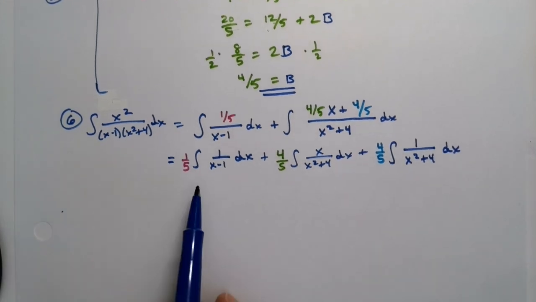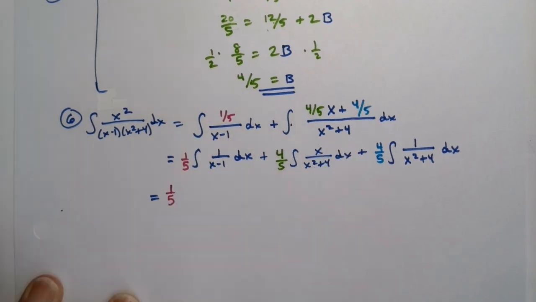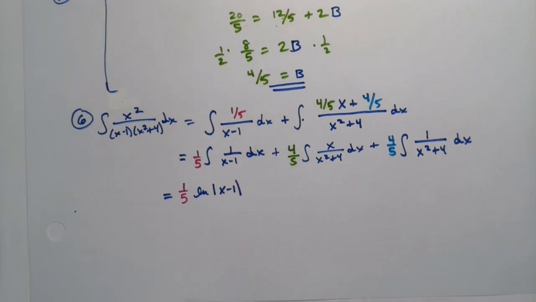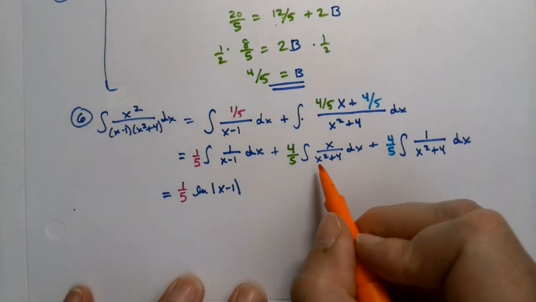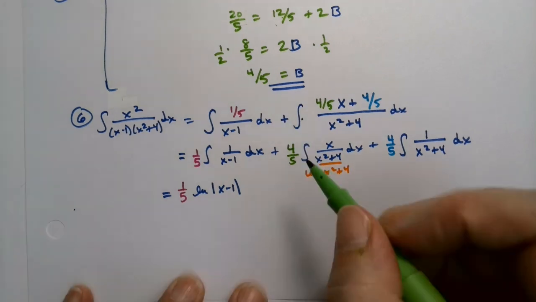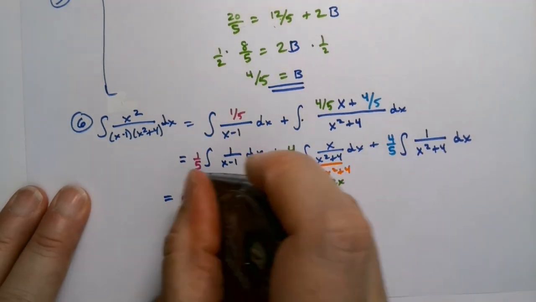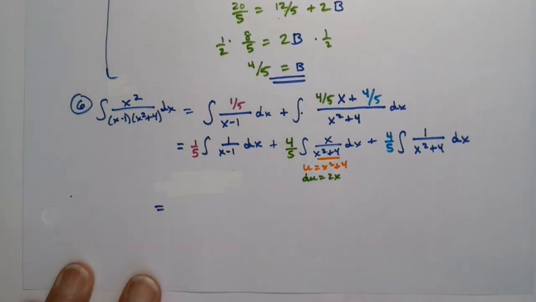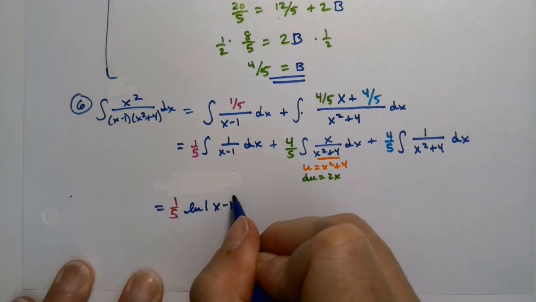Now, the first one is easy, right? This is 1/5 natural log absolute value x minus 1. You're done. Easy peasy. This one in the middle requires a U-substitution. U is x squared plus 4. Du is 2 dx. So actually, let me give myself a little bit more space here to do this work. So this one will be 1/5 natural log absolute value x minus 1.